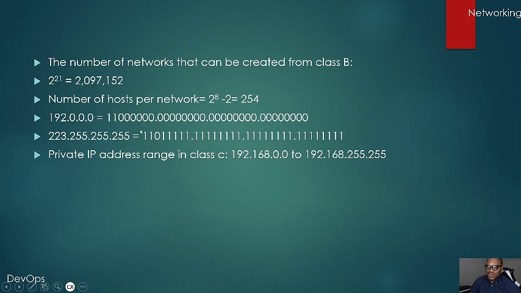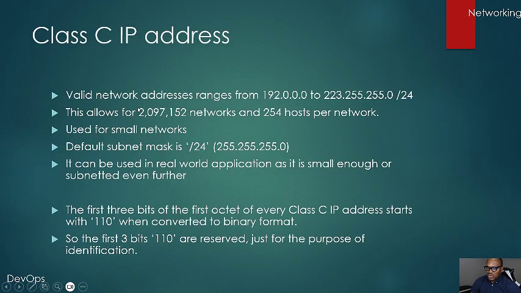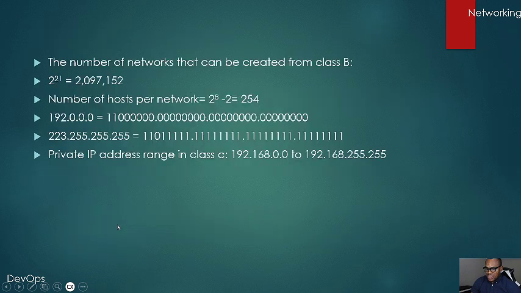So they are reserved for identification, and the number of networks that can be created from Class C is 2 raised to the power 21 after we have removed the first 3 bits. Once you remove the first 3 bits, you are only left with 21, and 2 raised to power 21 will give you 2,097,000. And the number of possible hosts is 2 raised to power 8 minus 2, which gives us 254.